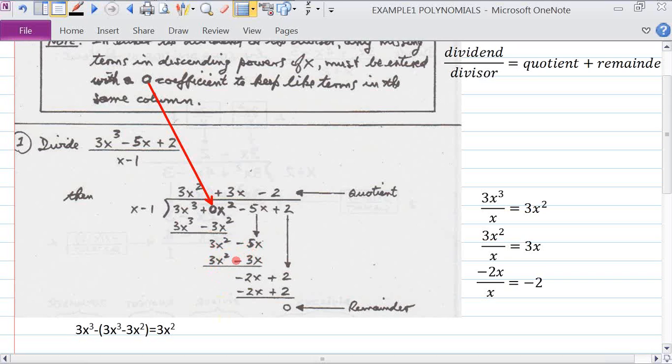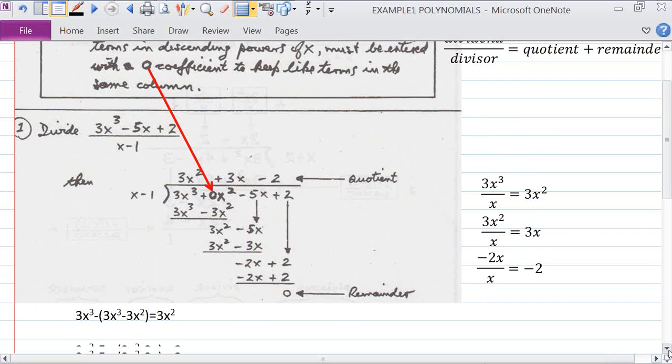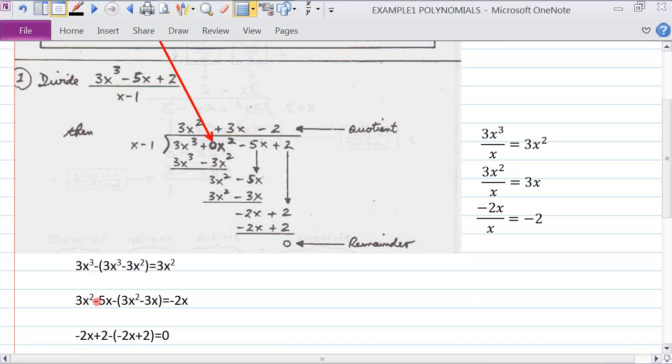Minus 5x minus 3x gives me minus 5x plus 3x, which leaves me with a minus 2x. And you can see right here, I've done that right here. The 3x squared, which is this term right here, I'm subtracting that, which is this term here, and that leaves me with minus 2x.